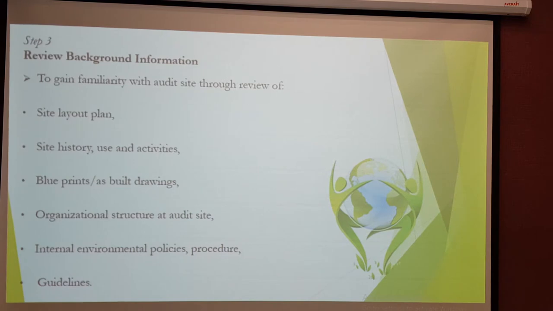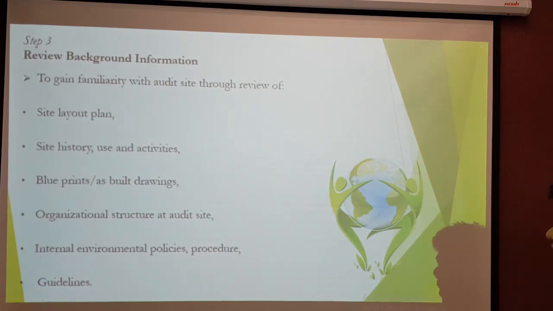Now step number 3: review the background information to gain familiarity with the audit site, through review of what? One is the site layout. It is very important to note that there should be a layout. Then site history. I will show the format of the site history, how it should be prepared or mentioned.